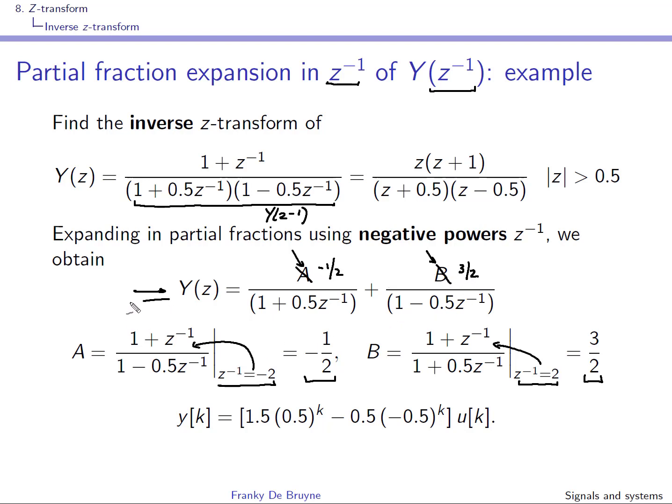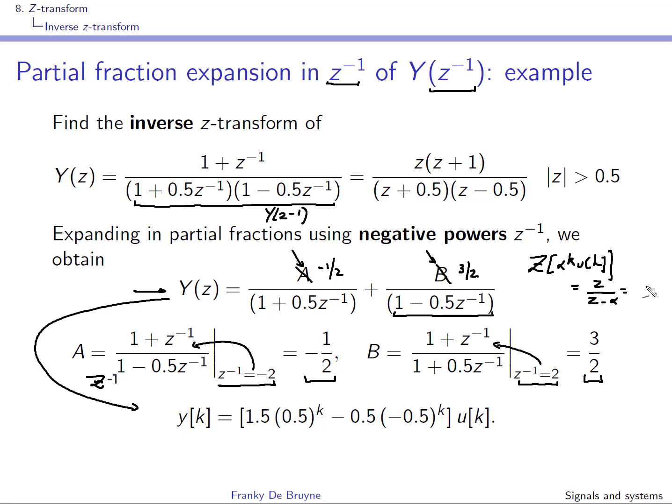So what we can now do is the inverse z transform. The first term is the inverse z transform of this one over here. Remember that the z transform of alpha to the power k times uk, this real exponential function, is z over z minus alpha.